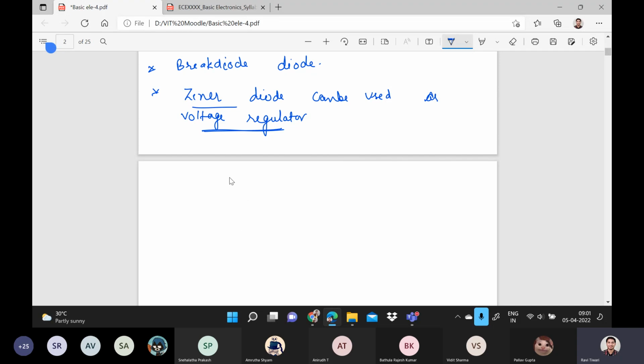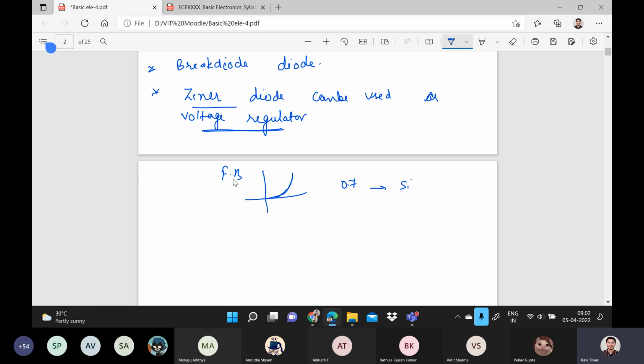The cut-in voltage. Cut-in voltage means a threshold voltage. If you consider silicon, the cut-in voltage will be 0.7, right? This is in the case of forward bias. In the reverse bias, it's around 10 volt generally we are using.